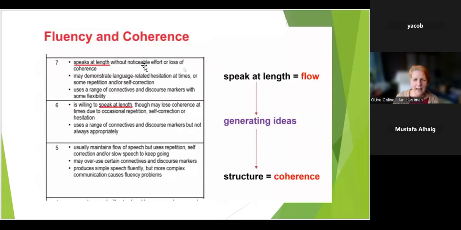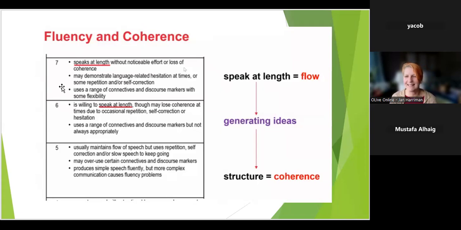Speaks at length without noticeable effort or loss of coherence. May demonstrate language related hesitation at times or some repetition and or self-correction. All right. So even at band 7, you can say, oh, wait, I was going to say this.